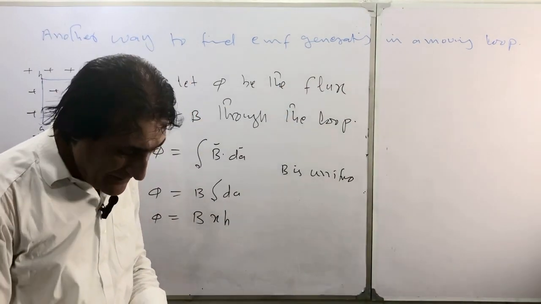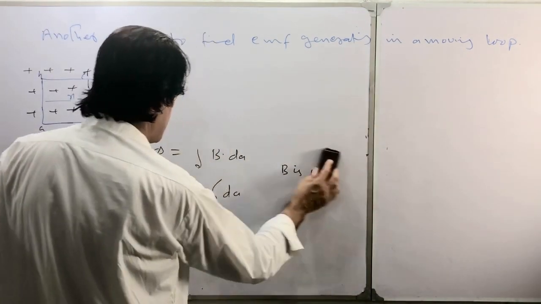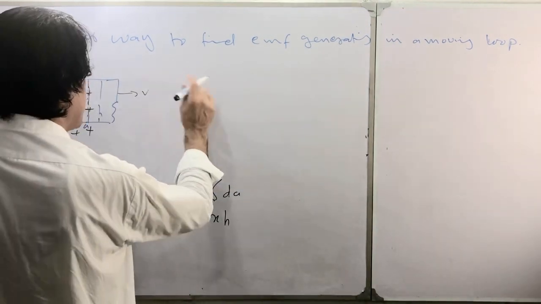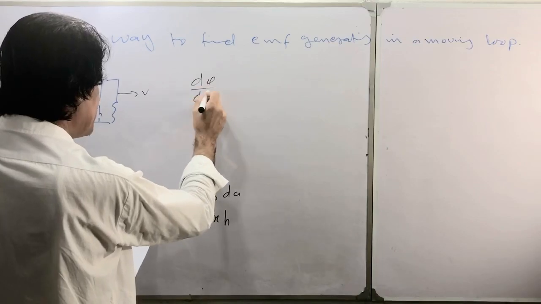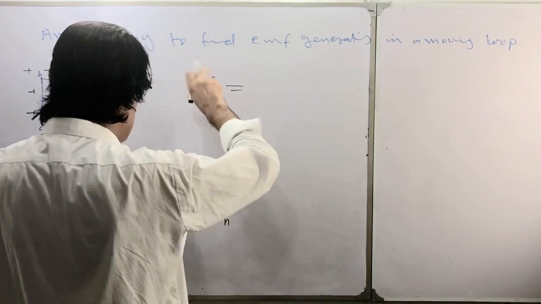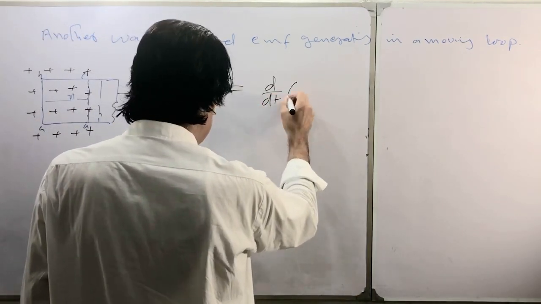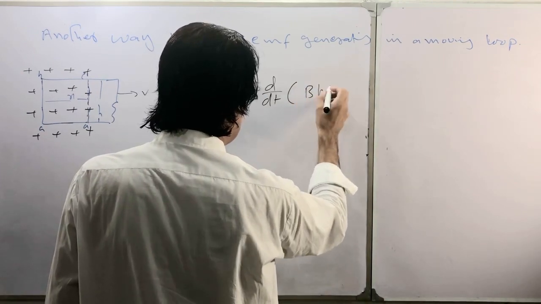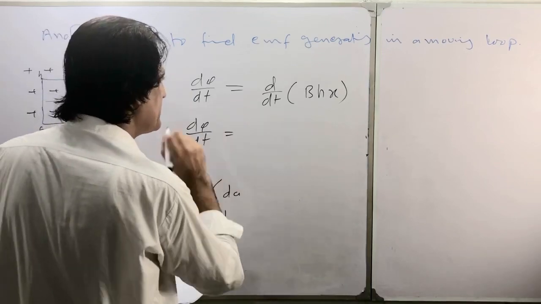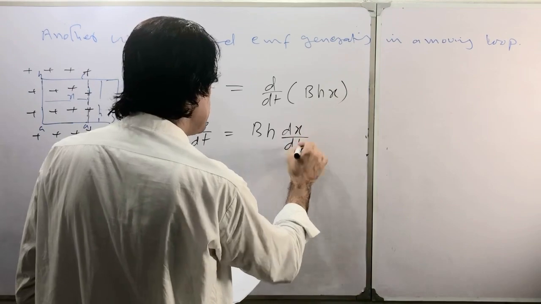So mathematically we can write d phi divided by dt, which is d by dt of BHX, and d phi by dt equals BH dx by dt.